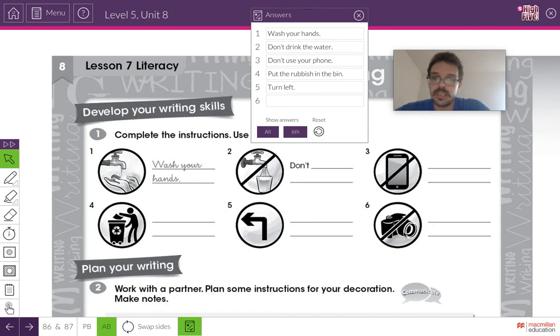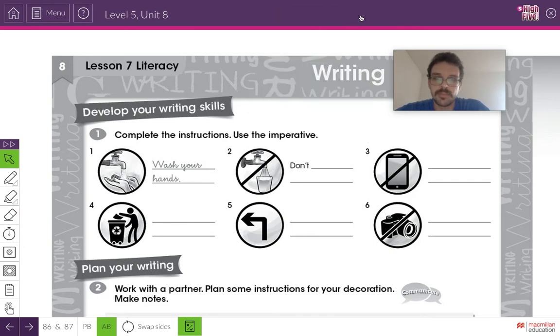And the last one, number 6, okay, there's a camera, there's a line through it, so it's negative. All right, so it should be don't take photos. Okay, don't take photos. All right, so make sure you have all the correct imperatives written in the correct space next to the picture. Okay, very good. Easy. Easy.